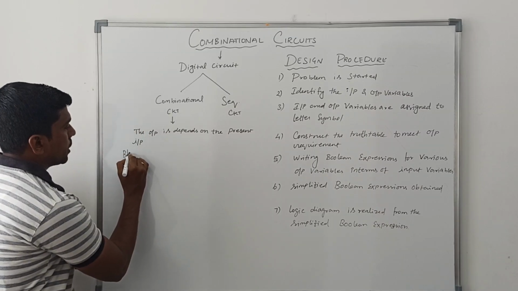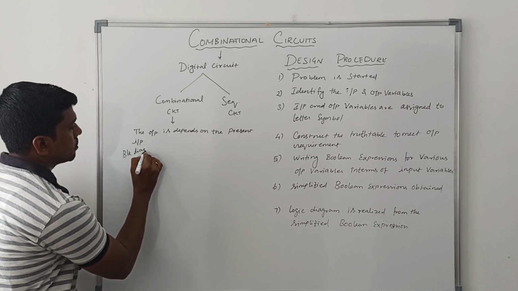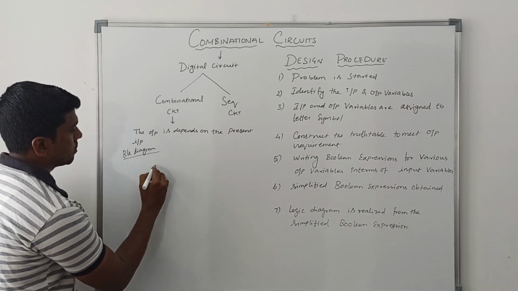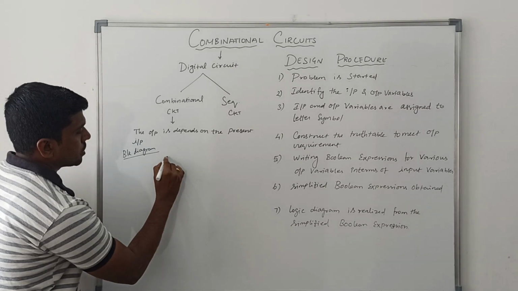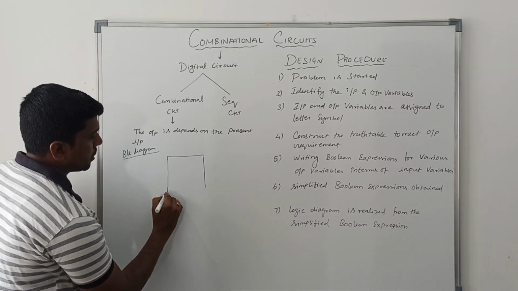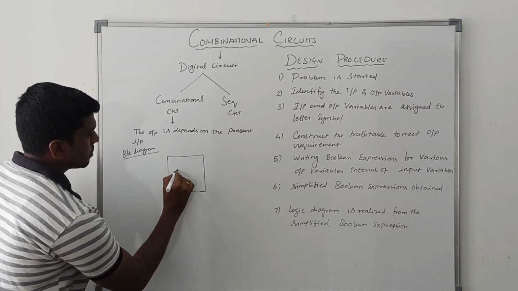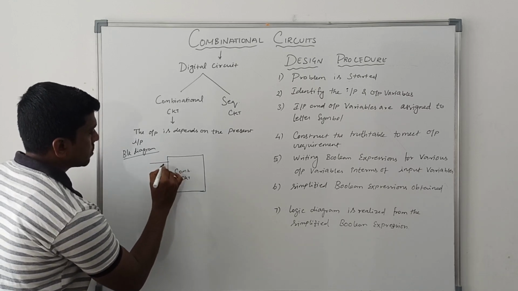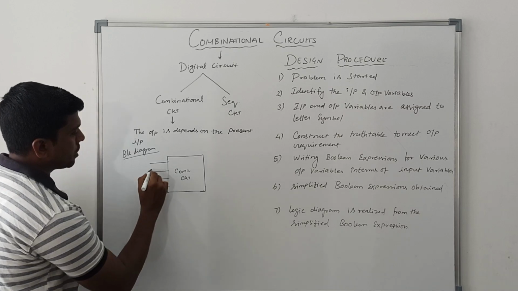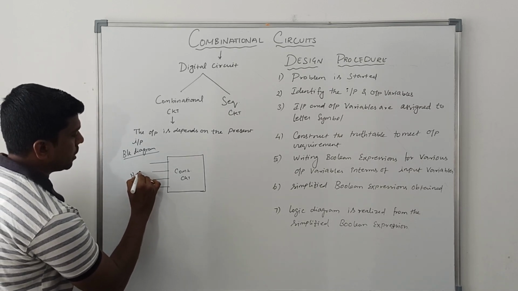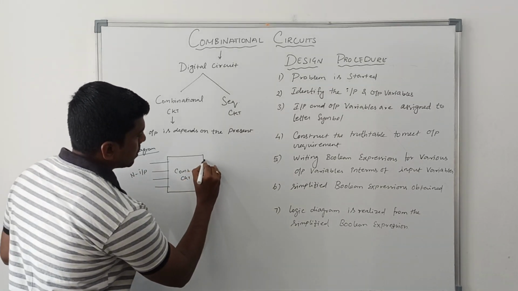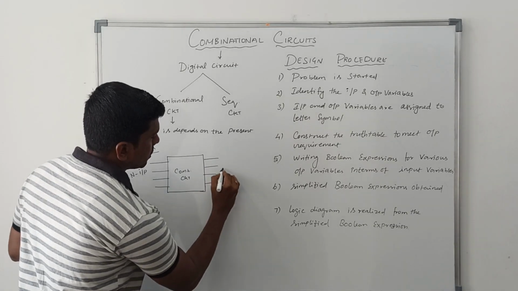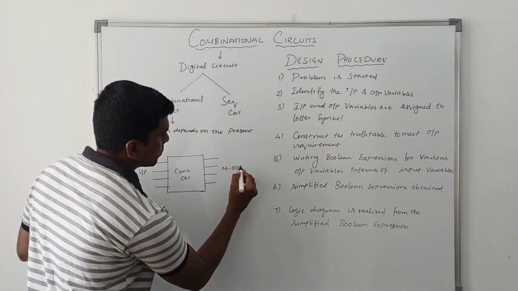Then come to the block diagram. It is a simple block diagram of a combinational circuit. These are the input signals, N inputs, and it generates M outputs.